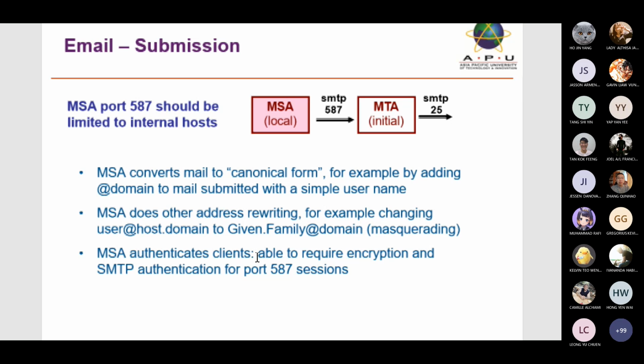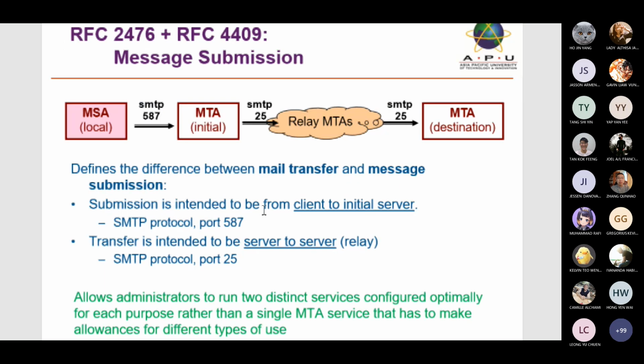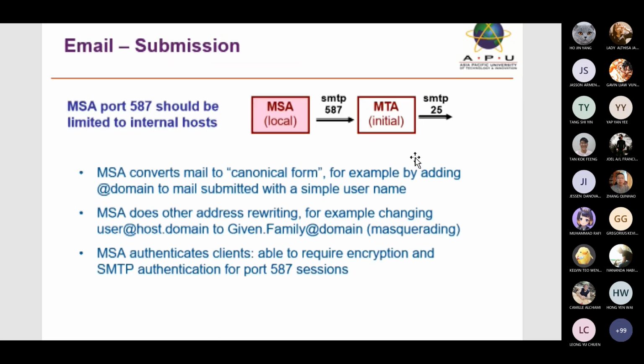We should be doing all of this before it goes into the system, so that after that, this goes as quickly as possible, transporting it from hop to hop across the network. The relay mail transport agents hop to hop across the network to get to its final destination.